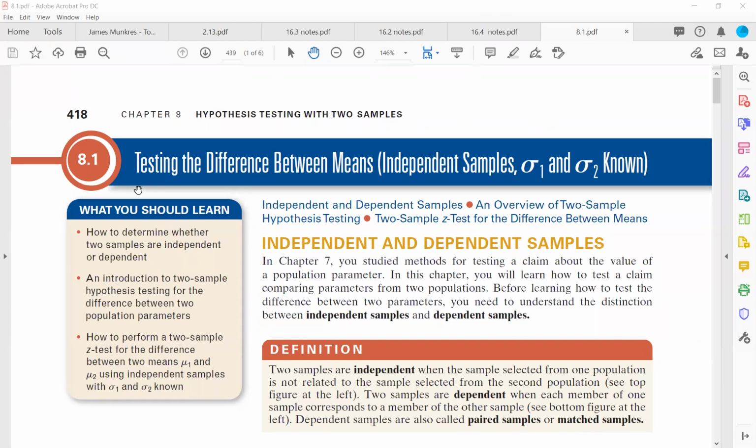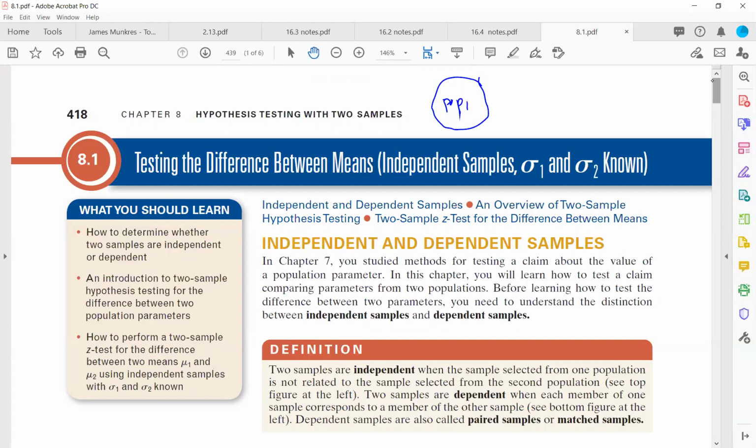8.1, hypothesis testing, when we are talking about difference between means. Very well, what we learned so far? We learned that if we have just one population, consider the population of all students in De Anza, population 1.